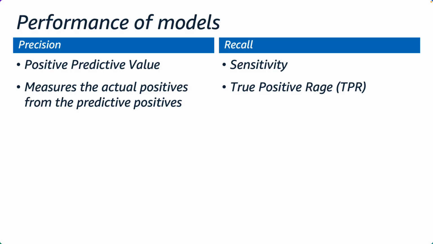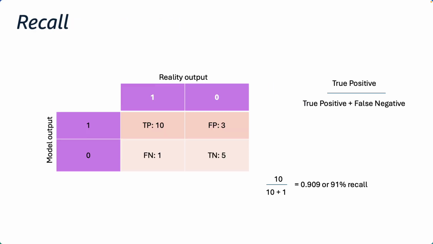Remember, recall is also known as sensitivity or true positive rate, and recall measures the actual positives that are predicted as positives. Again, that value is 0 to 1, and the higher value is better. And the recall formula is true positives divided by true positives plus false negatives.